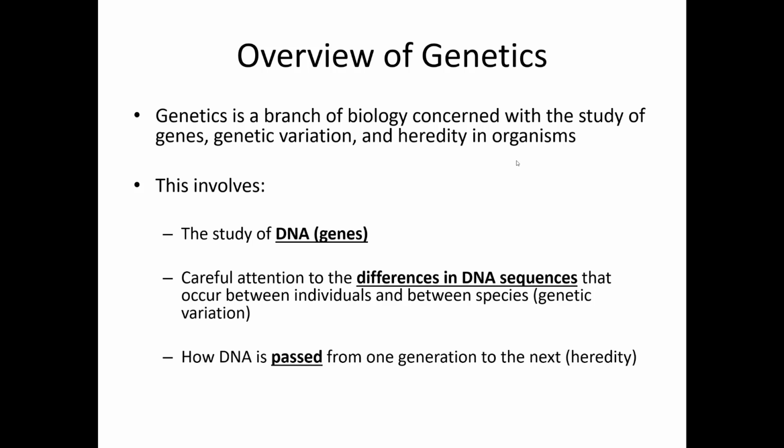From a hereditary standpoint, geneticists typically are looking at how you pass on your DNA. Is it always the same? How does it differ? How does offspring resemble yet differ from parents and things of that nature? That's the idea of heredity.